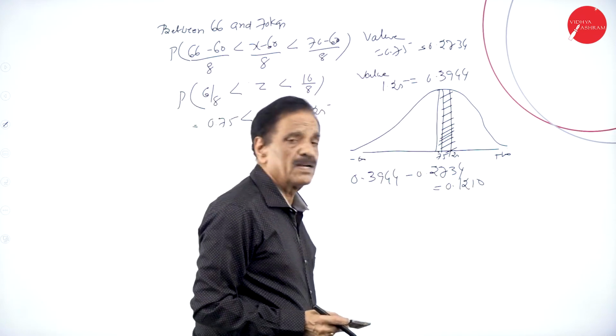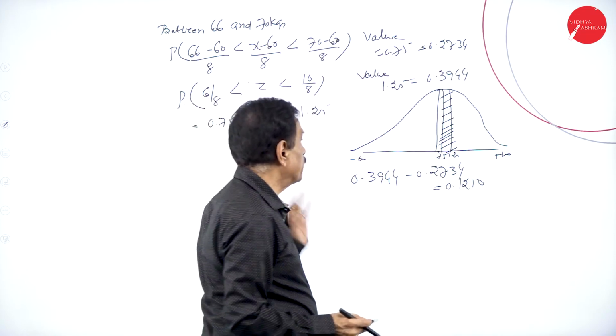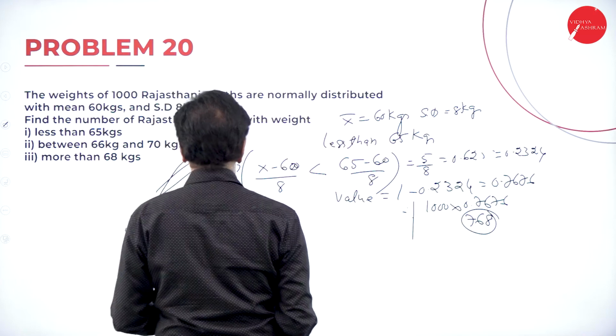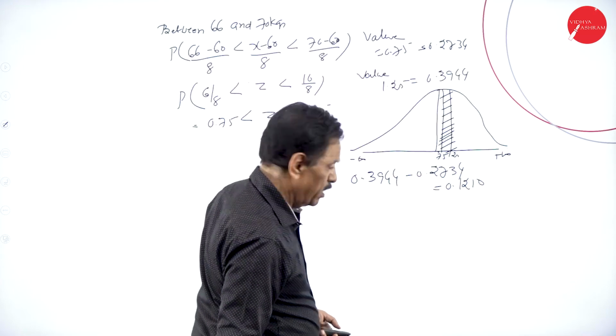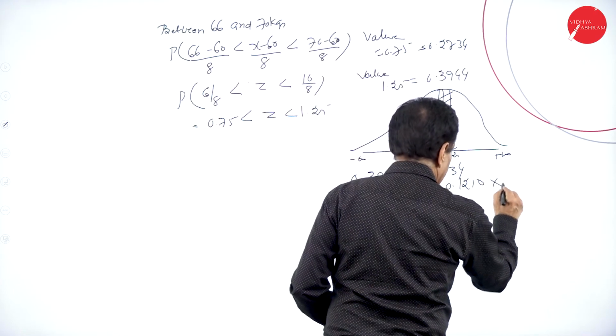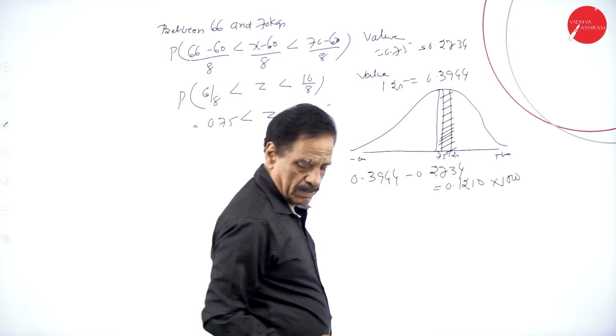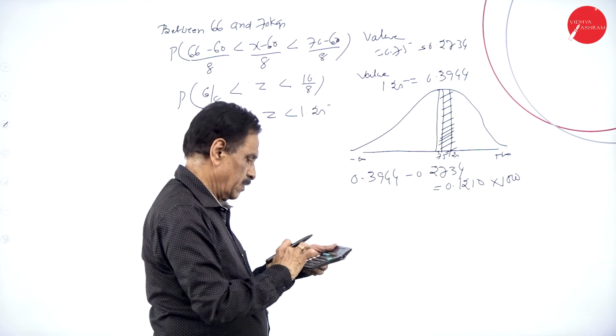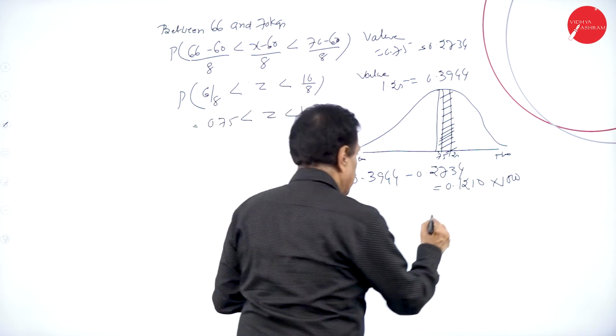Highest to lowest, deduct. This is the answer. Into 1000, that is 121 students.